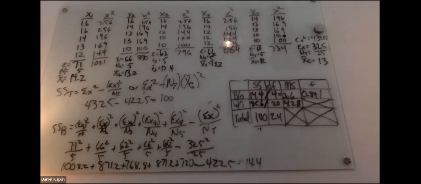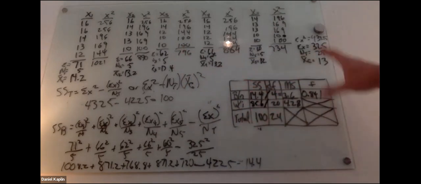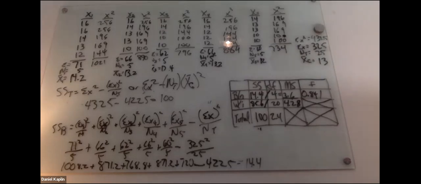I changed the board, used a different formula, and I got to the same place. Now, the rest of this I don't need to do because they don't have any different formulas. So that is how you would calculate a one-way ANOVA by hand.